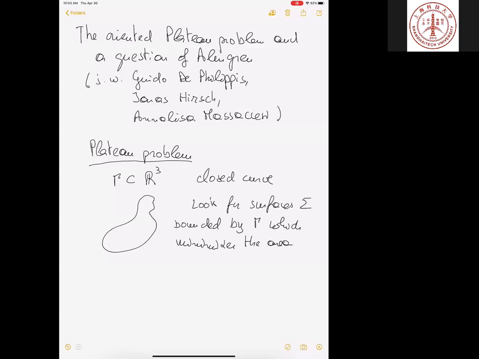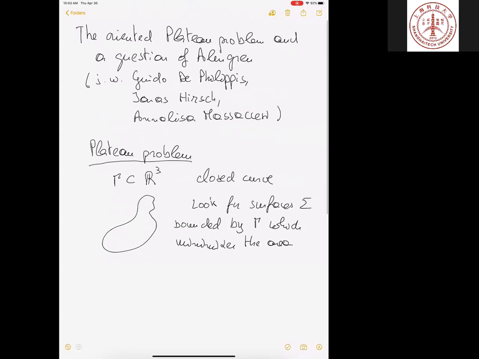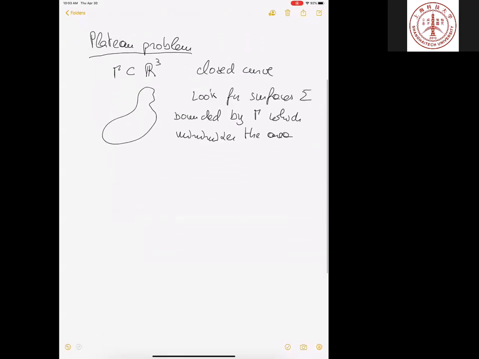And all of these three concepts can be more or less general, and depending on how you phrase the problem, you can actually happen to land into different types of variational questions. So let me actually insist on the fact that here I'm talking about the oriented Plateau problem. So ideally, what I'm actually going to treat is a much more general question.